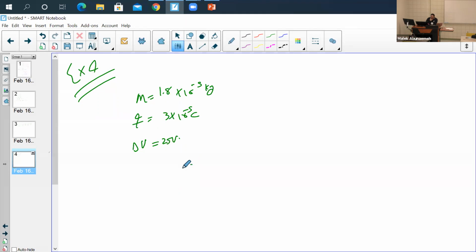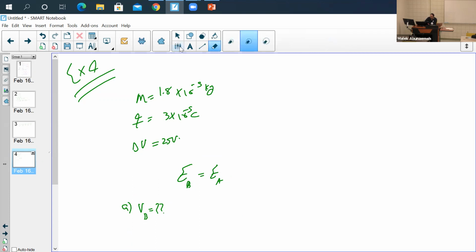Now, the energy at B is going to equal the energy at A. For part A, we're looking for the speed at B, and we'll do part B in a second.